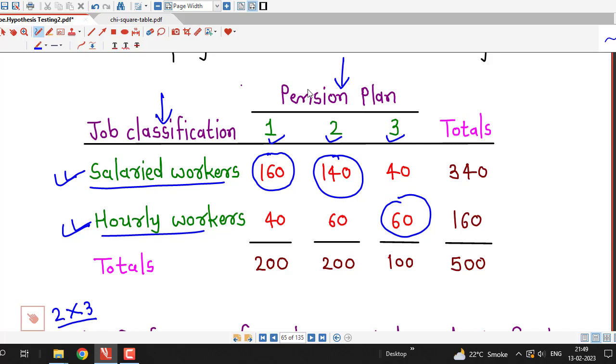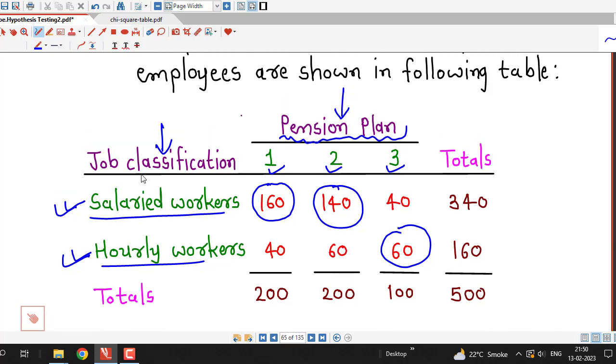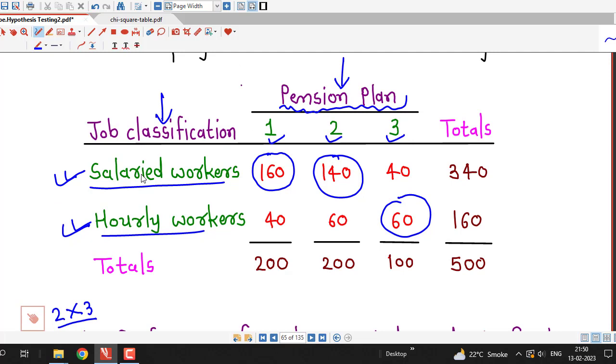We are interested in testing the null hypothesis that pension plan and job classification are independent. All these are totals corresponding to the pension plans.